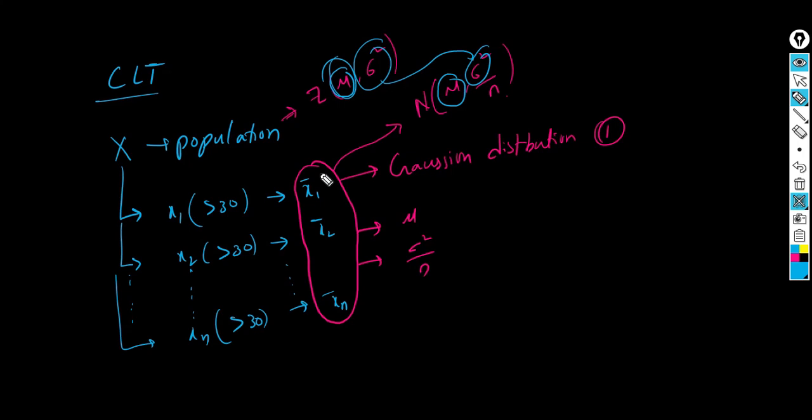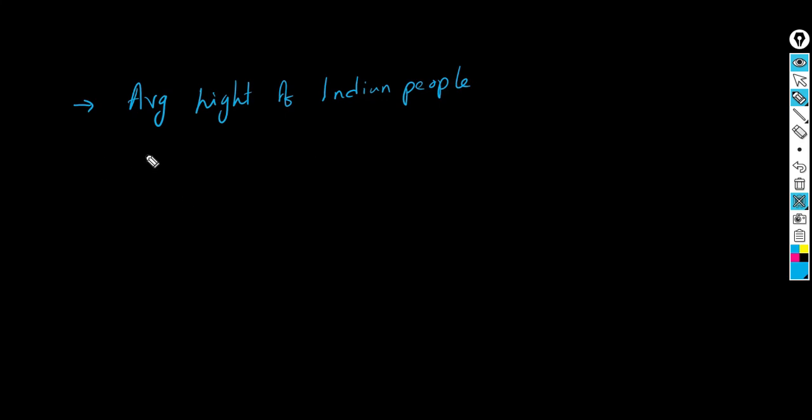Okay, let's go into an example to understand more. Suppose we want to find the average height of the Indian population. For example, X is the population data.